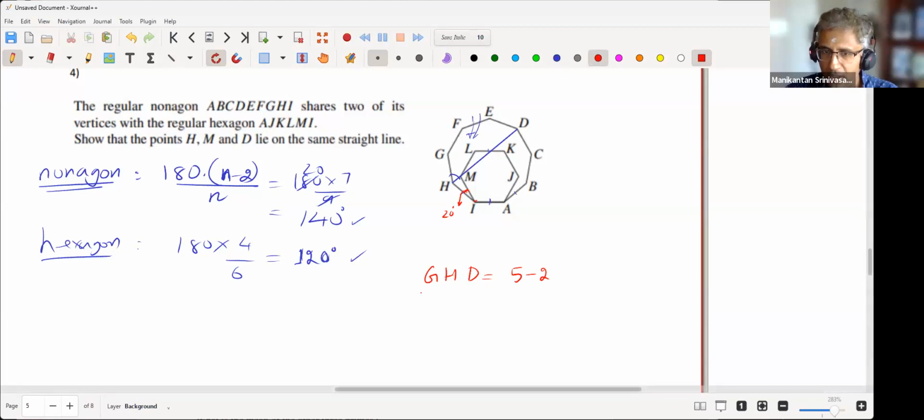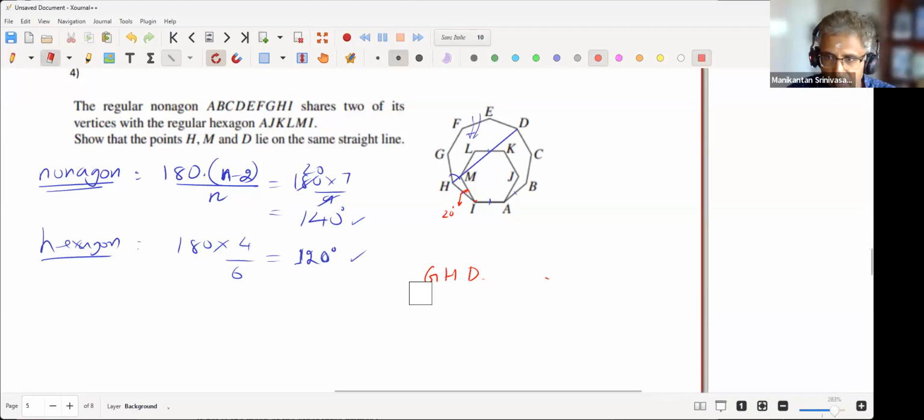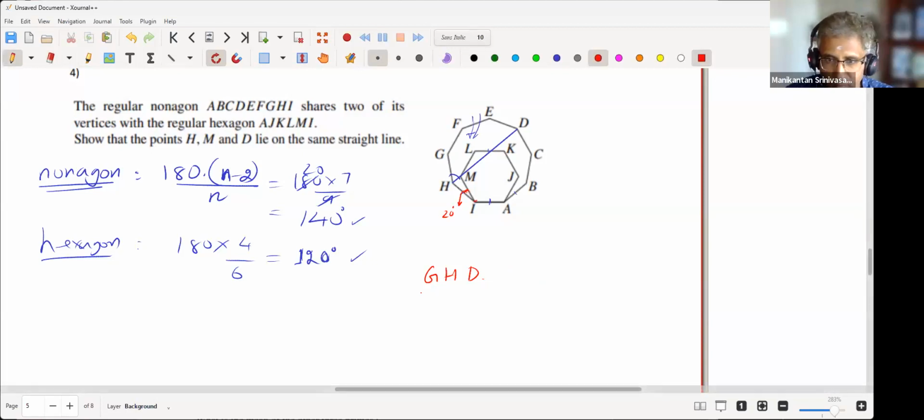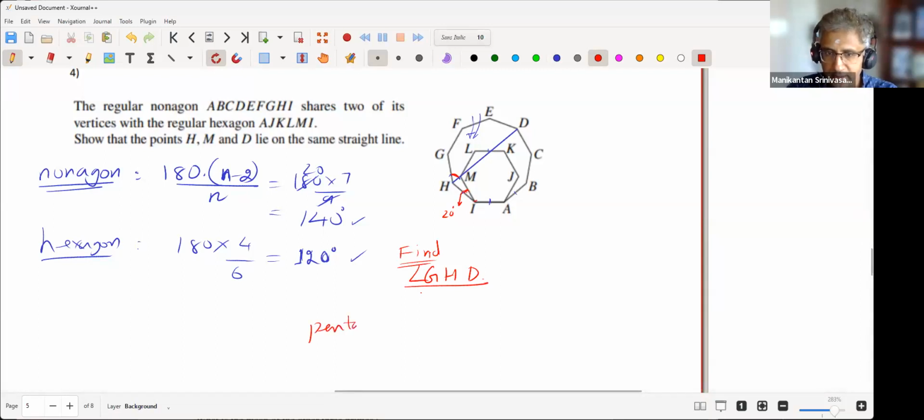Now for a pentagon, the total, so Sukrit, I'm just taking over from what you described to me. He's basically saying find angle GHD, and this is how he's progressing to find it. He's saying this angle GHD is part of the pentagon HGFED.